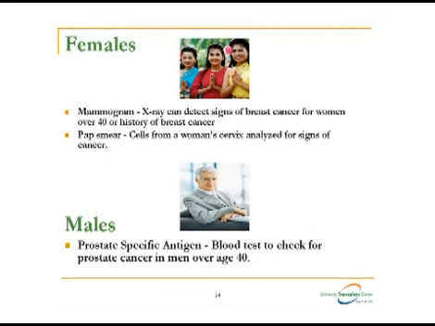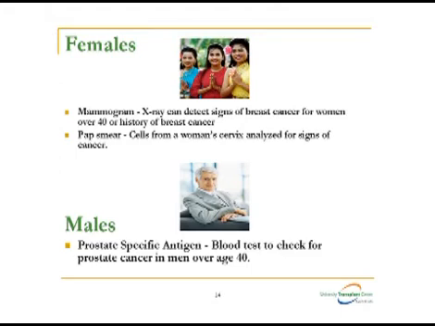There are other tests that are specific to males and females that must be performed on an annual basis by the patient. These are part of their annual cancer screening. That includes for females a mammogram, which is an X-ray that detects the signs of breast cancer for women over the age of 40 or those women under the age of 40 with a history of breast cancer in the family.